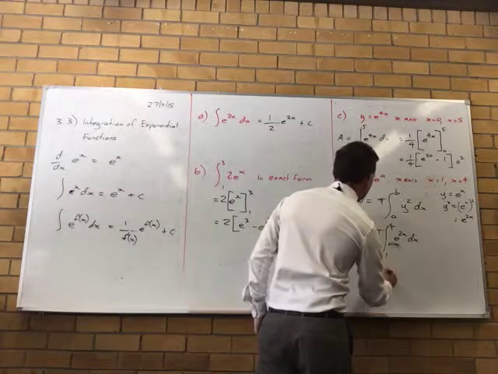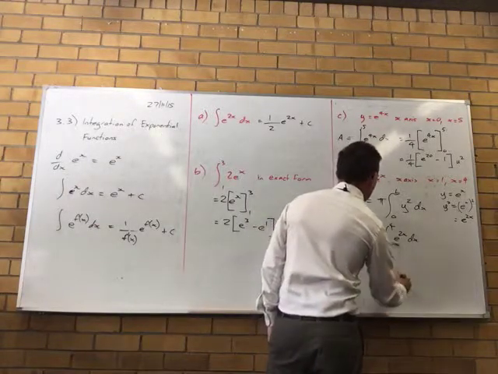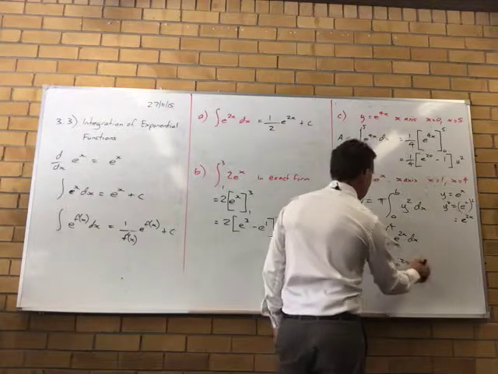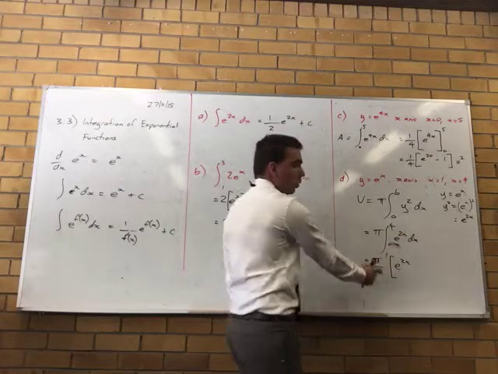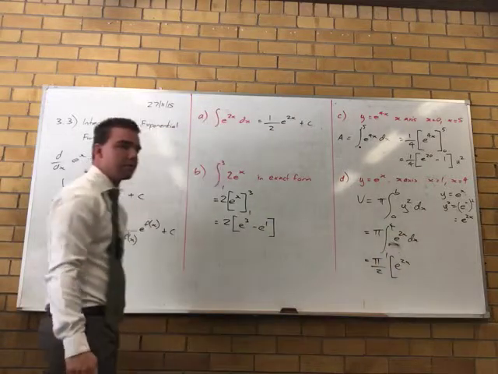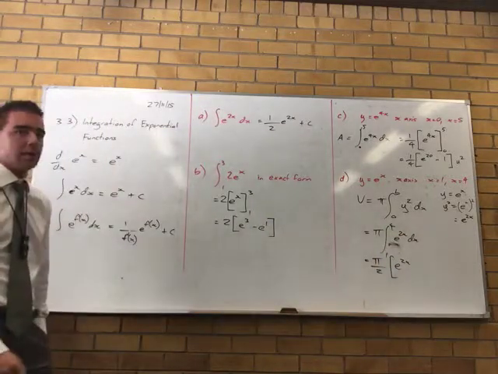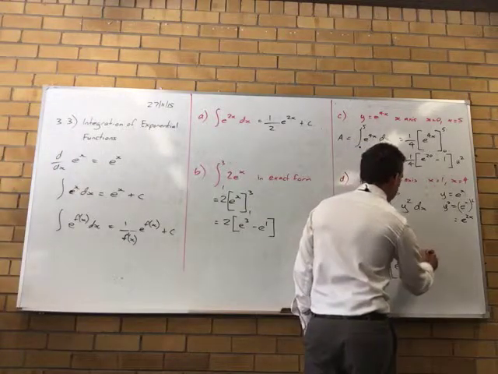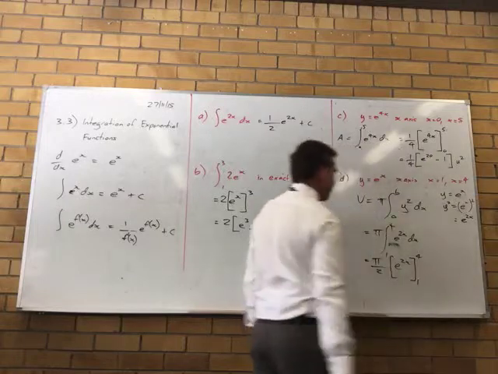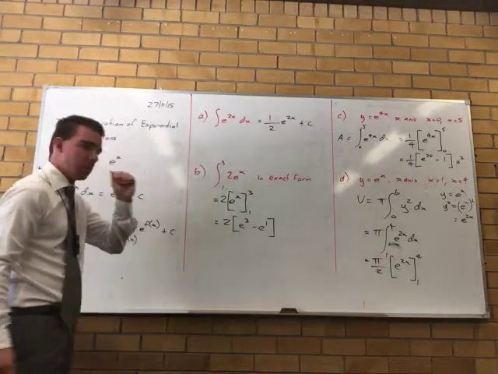So pi over 2 e to the 2x, because I need to divide by the coefficient, since I've got a coefficient other than 1, and I've just brought that out the very front to have an effective form, because that 2 will be over each of those two terms when you do the subtraction inside the bracket.